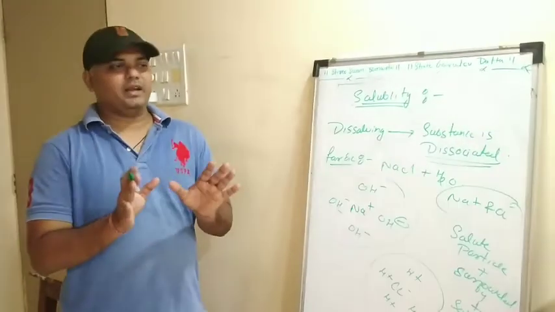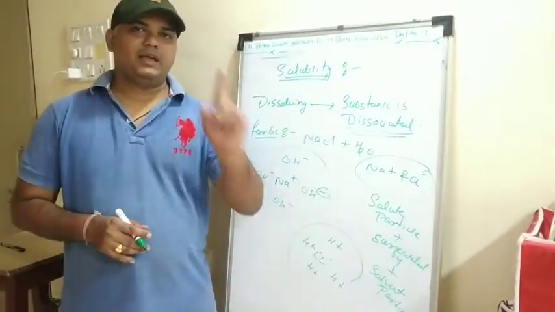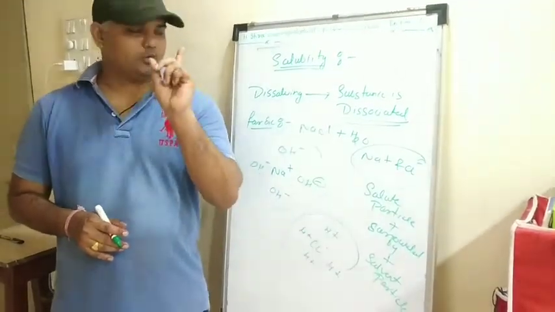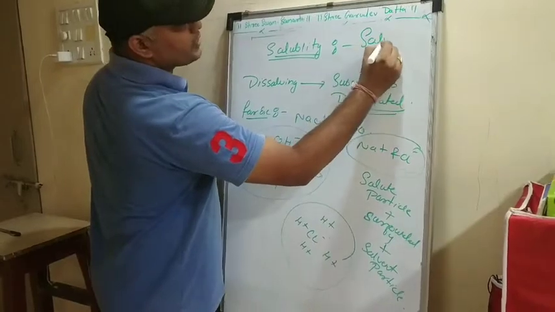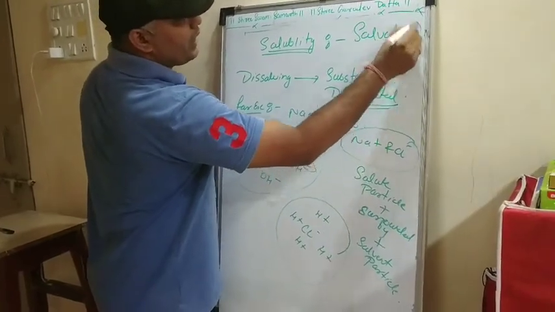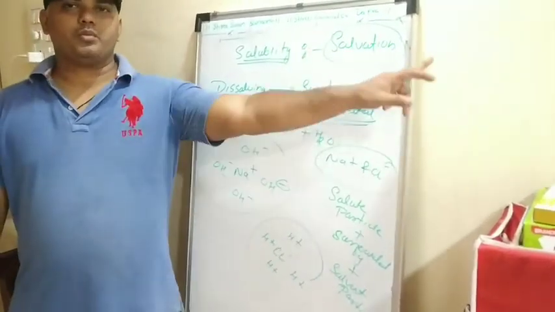Are you understanding it? When the solute particle is surrounded by the solvent particle, it is said to be solubility, and the process is said to be the process of solvation, right?